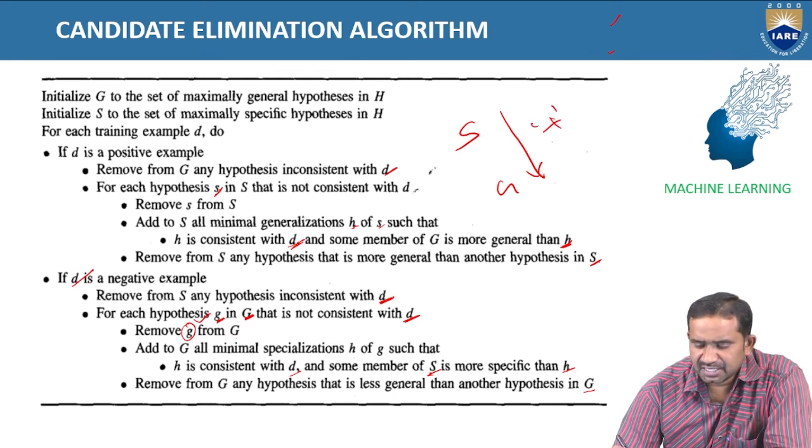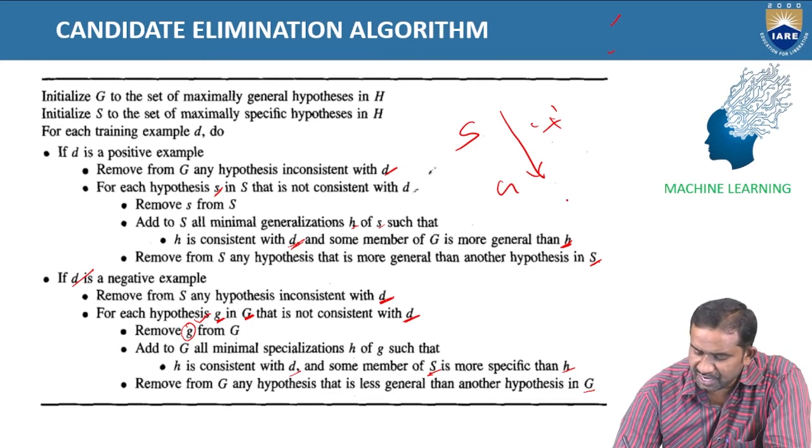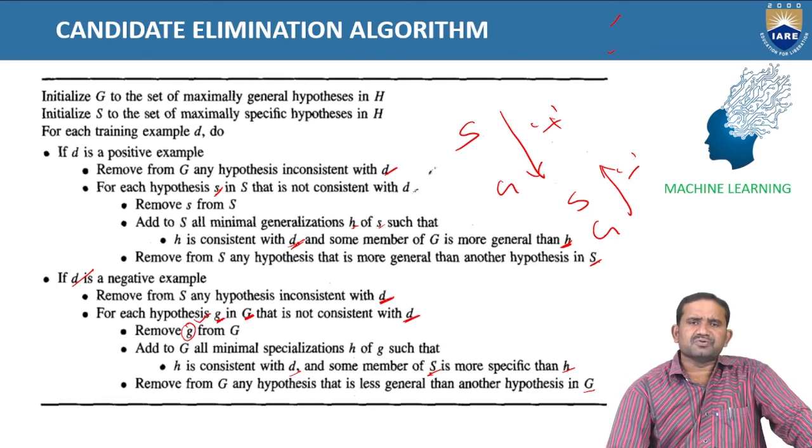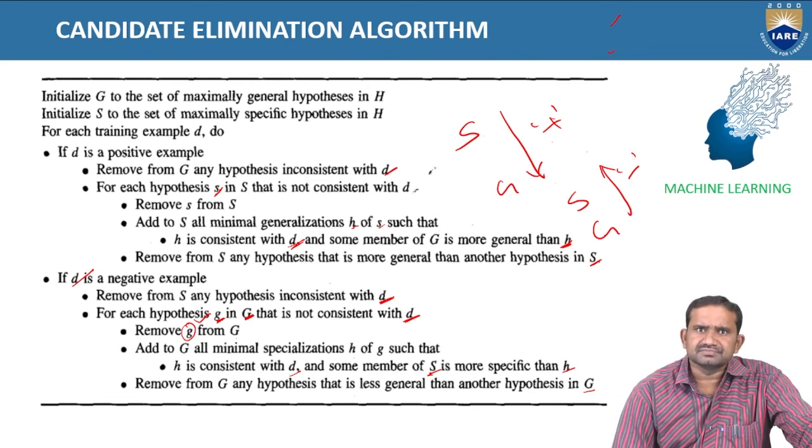In case the training example is negative, we move from the generalized to the specific. That is a simple logic we can remember about the candidate elimination algorithm.